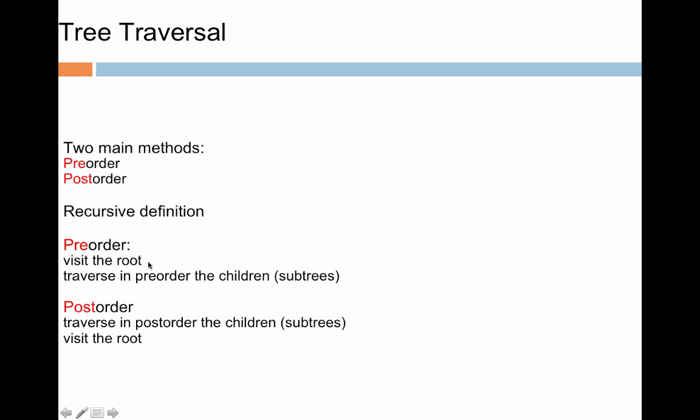So let us see what the pre-order traversal says. The pre-order traversal rule takes as an argument a pointer to the root node in the tree. It visits the root node. Then it traverses in pre-order the children.